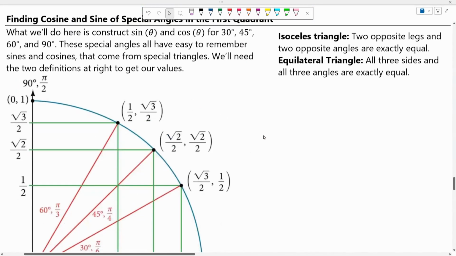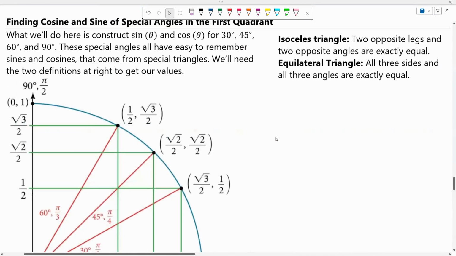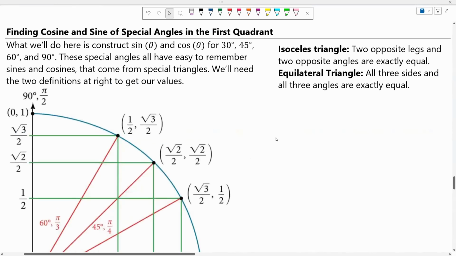What I want to do now is hand out a very, very comprehensive little trifold with a bunch of angles that have already been predetermined for us. This packet is available at the tutoring center, and I'm going to put it in our notes once I have a chance to upload it.